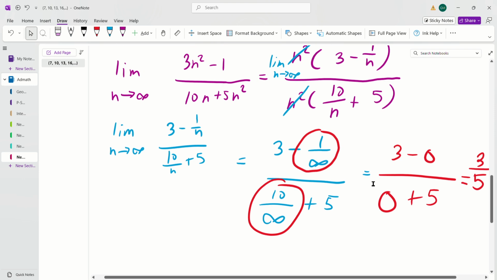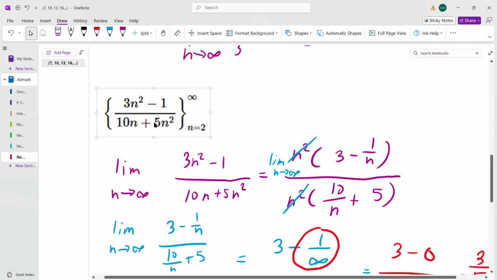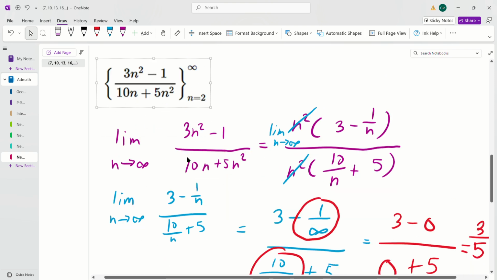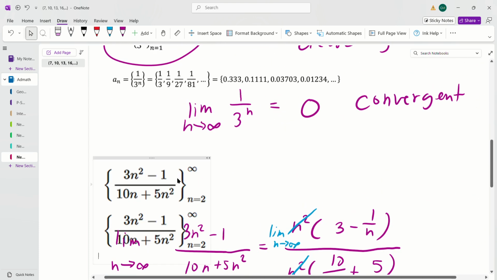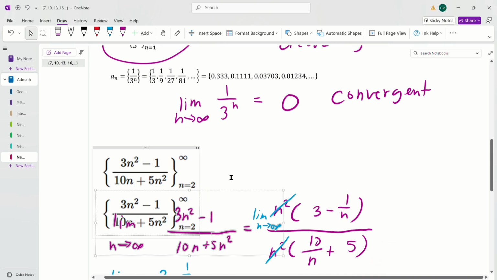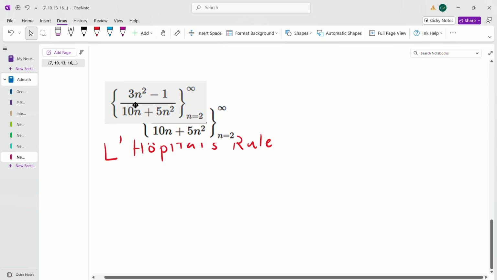Next, let me present another way of evaluating the limit, using L'Hopital's rule.